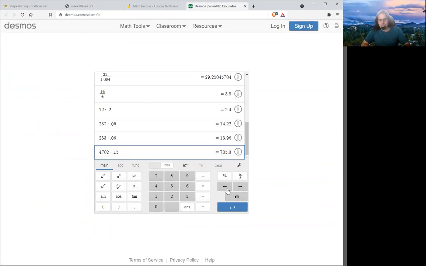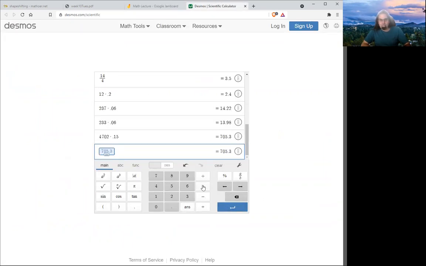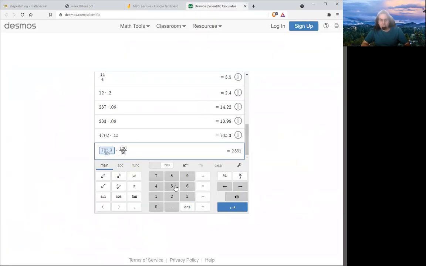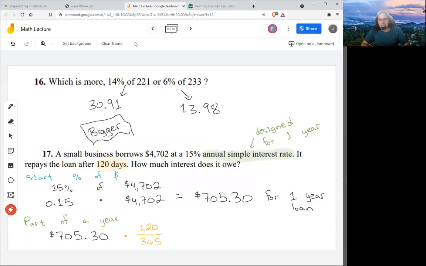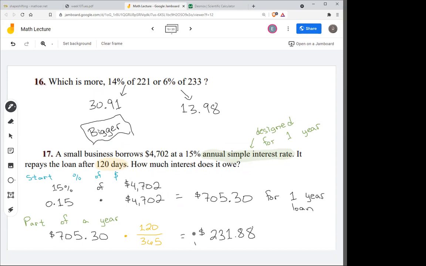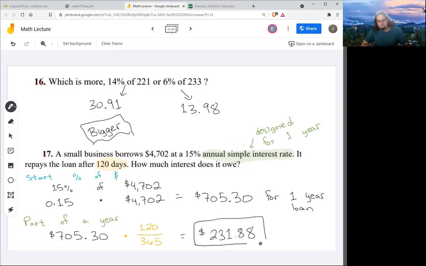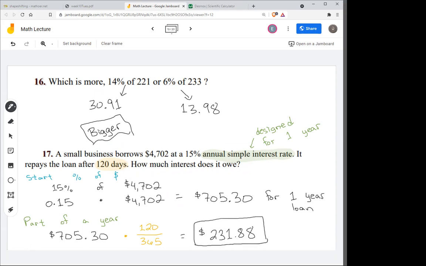So times 120 divided by 365 gives me 231.88. Yeah, I did that completely wrong. Well, that's the first time you've seen it, so don't feel bad. I did it as a proportion.